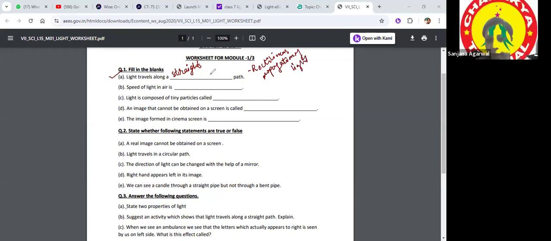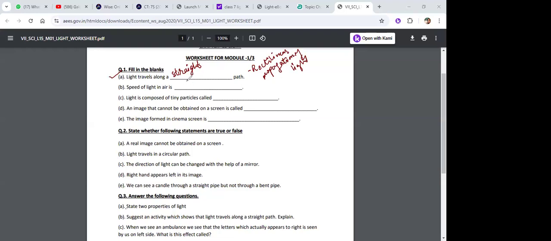Next, the speed of light in air is not exact, but approximately, if you remember, you can write that, that's fine. Second part, quickly. If you don't know, any idea? Ma'am, it is 3 lakh kilometer per hour.